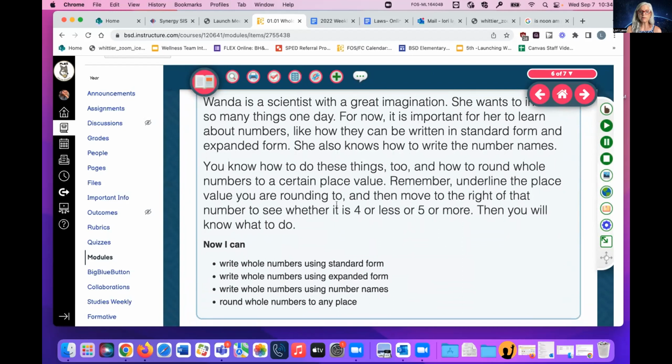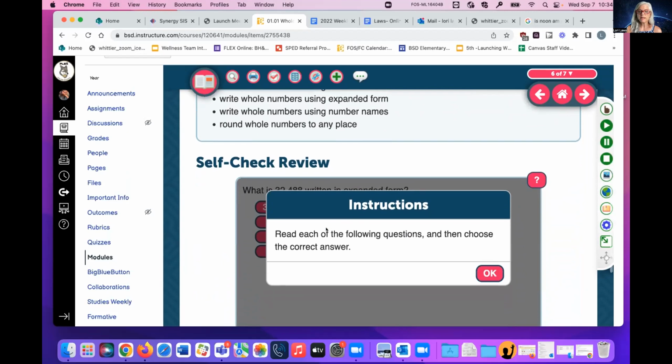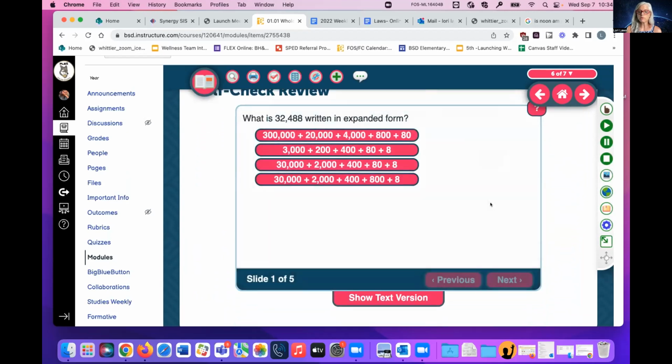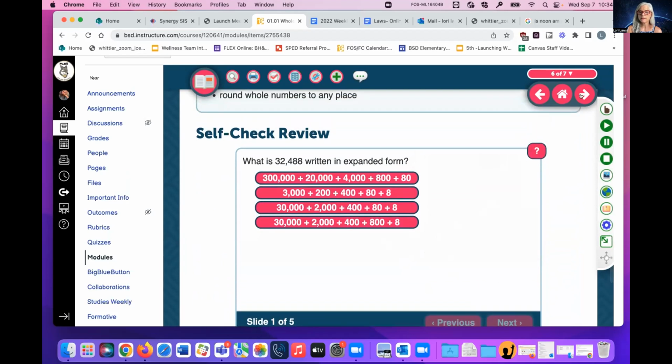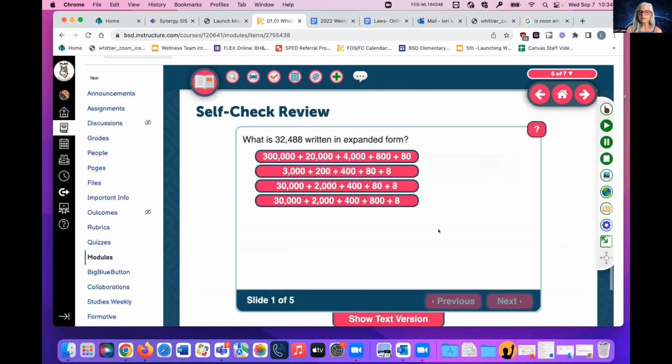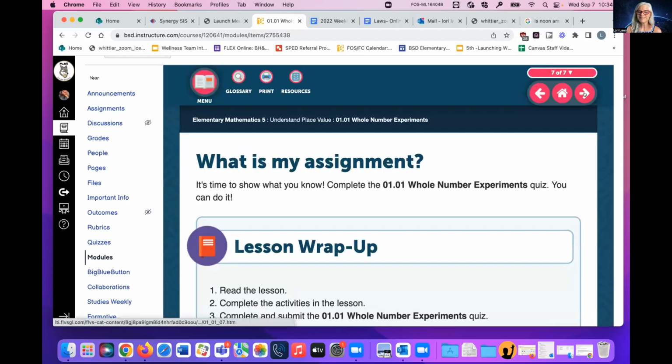Remember, underline the place value you're rounding to, and then move to the right of that number to see whether that number right next to it is 4 or less or 5 or more. Then you'll know what to do. Then here's a self-check review with some questions. You can see there's 5 slides and you're going to try and choose the right answers to practice. When you're done with that one, that's the end of page 6.